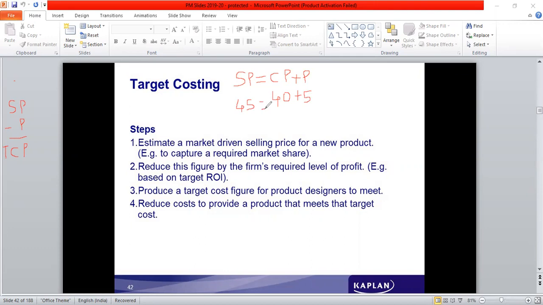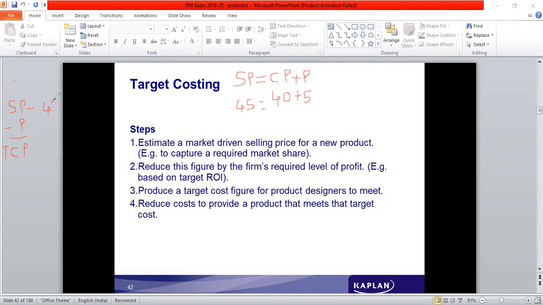But let's say that the market has become competitive. Now they cannot decide on the selling price, but rather they have to take the selling price from the market. So now their selling price is 45, but the price prevailing in the market, let's assume, is 42.